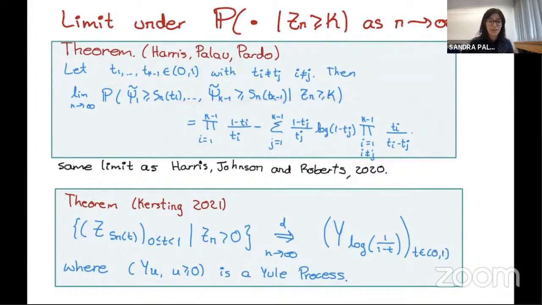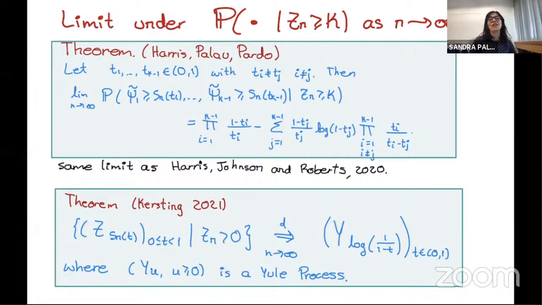And something important here is that this is the same limit as Harris, Johnston, and Roberts obtain for the constant environment case. What we are doing with the time rescaling is moving our process in such a way that it is almost a constant environment process. That is what we are doing.